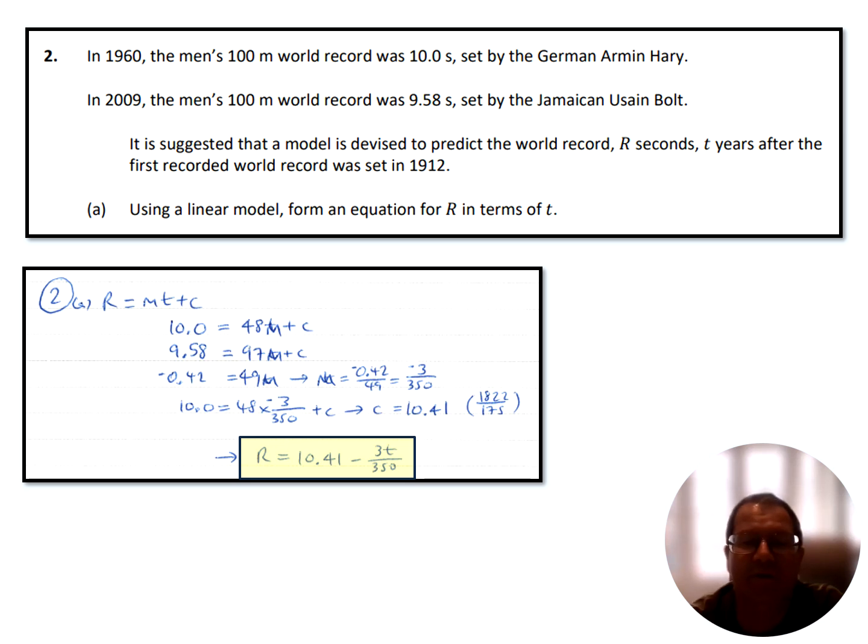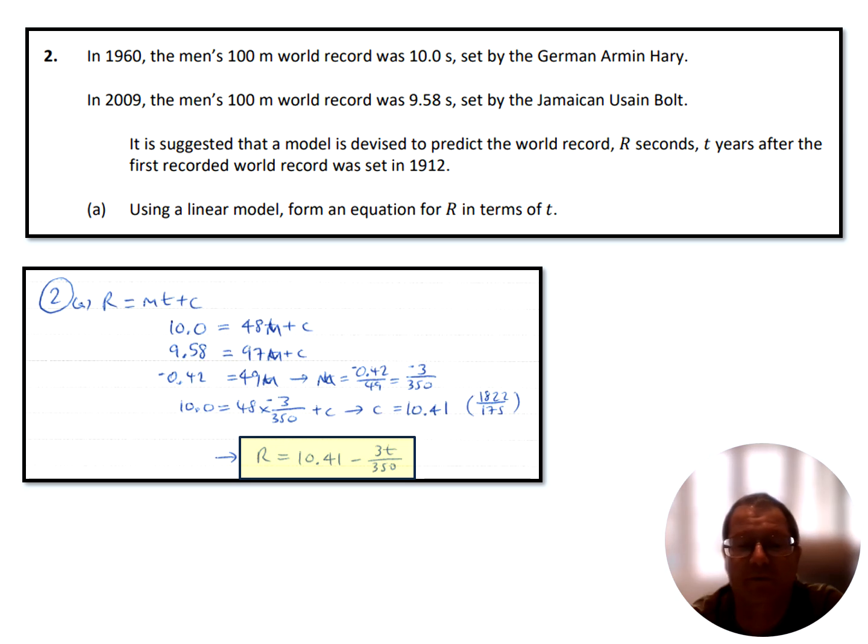Well, I've actually started from when the first world record was set in 1912. So 1960 is 48 years after that, and 2009 is 97 years after that. So on that basis, we can substitute 48 and 97 for our times.